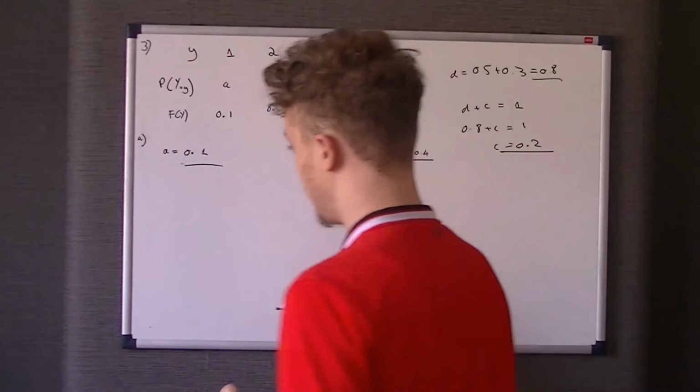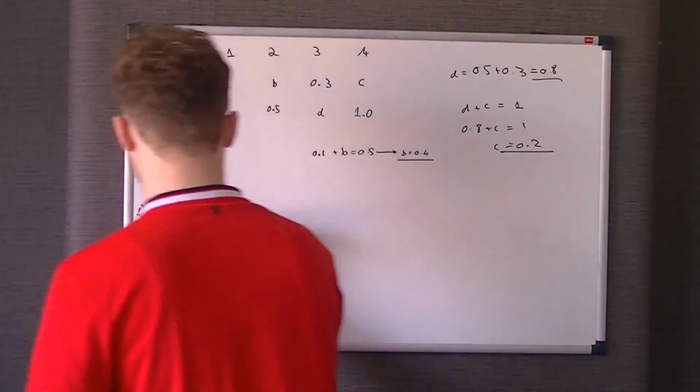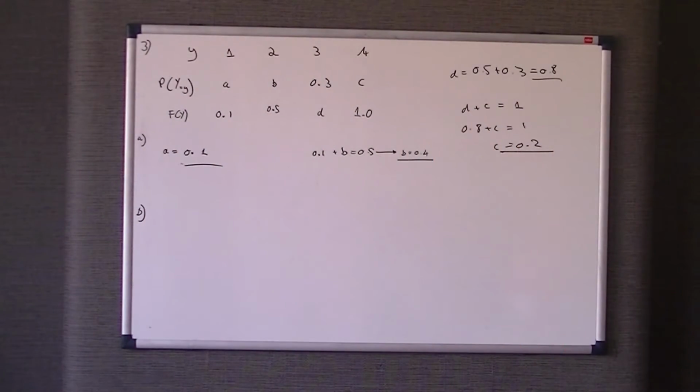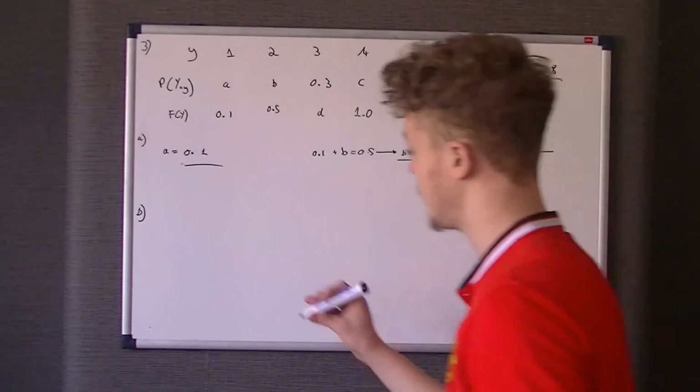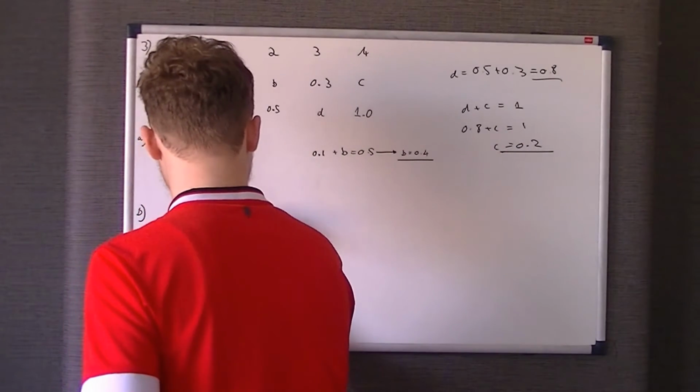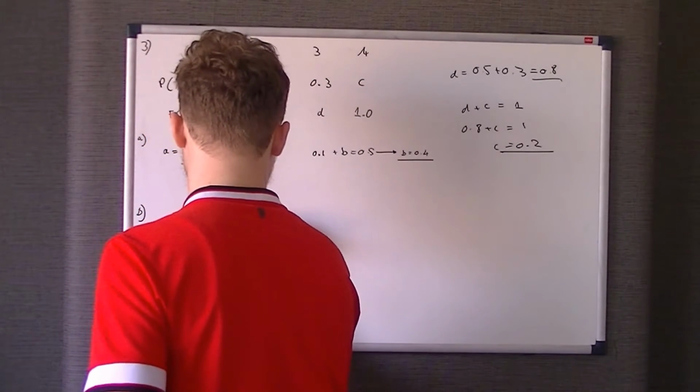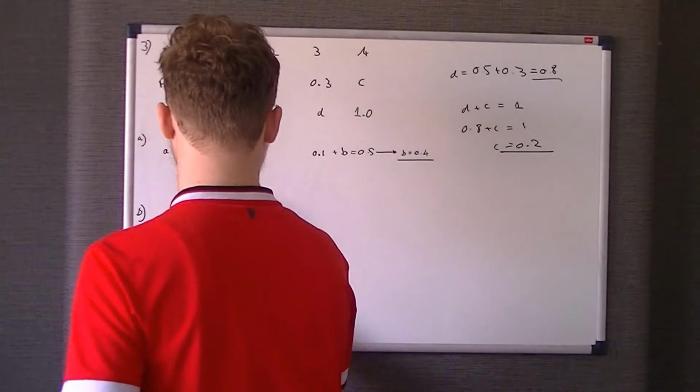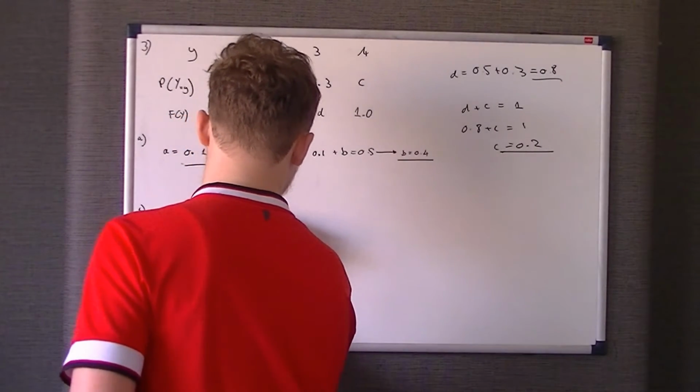Part B. That was really the toughest bit of this question. Well, maybe the next bit is, but as I said, the next bit's really just about thinking. So what we're asked to do is find the probability that 3y plus 2 is greater than or equal to 8.